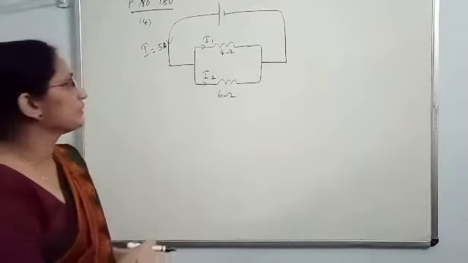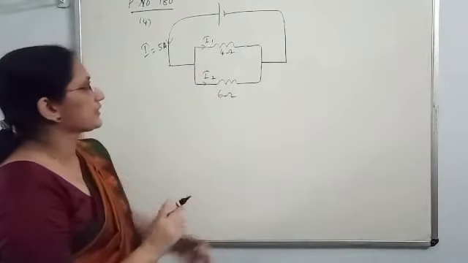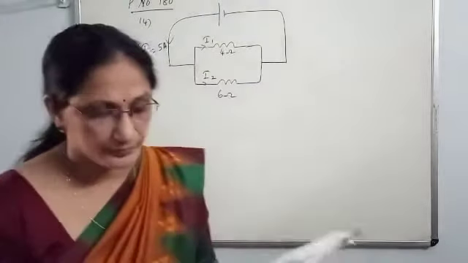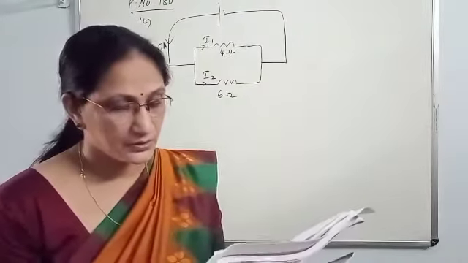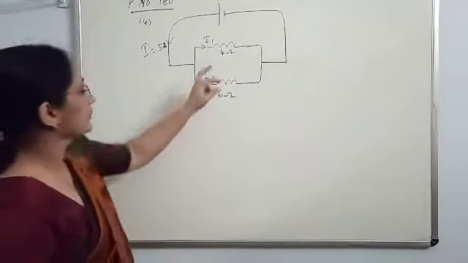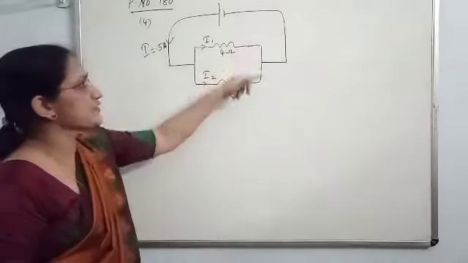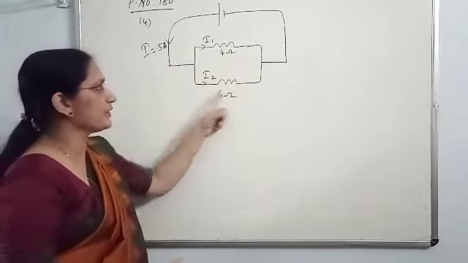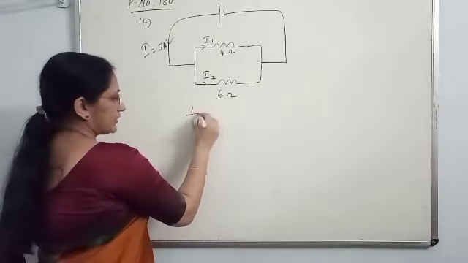How will you find out the current in each branch? You can find out the total resistance of this circuit. Only two resistors are here, 4 ohm and 6 ohm. So what is the total resistance?